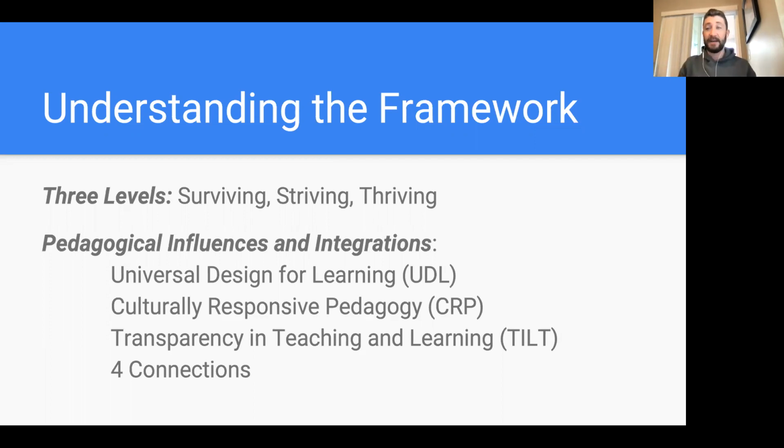And then TILT, transparency in learning and teaching, giving your students as much of a transparent experience as you can, where students have the opportunity to see how they can be successful and the rationale behind assignments, so you don't get that dreaded accusation of assigning too much busy work.